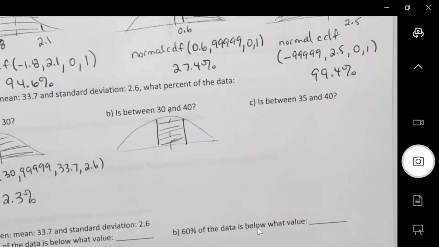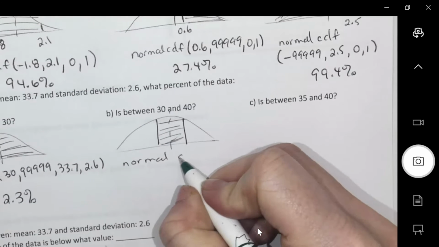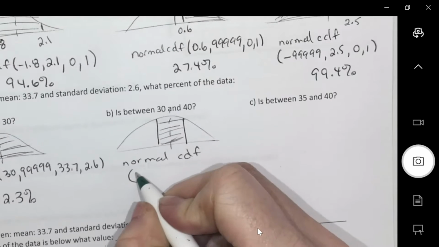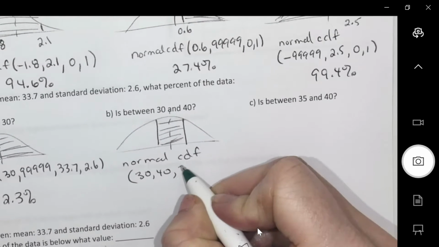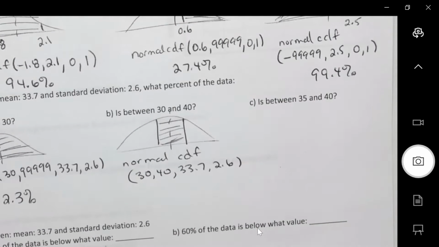On the next question, I'm asking you what's between 30 and 40. So on that, you're going to go 30 to 40, comma, with the mean 33.7 and the standard deviation.